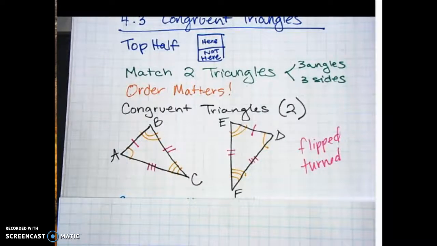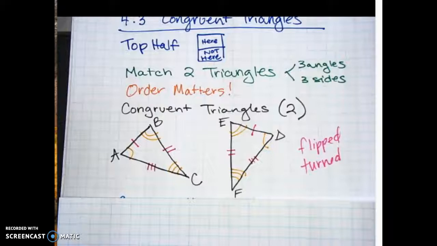Notice that from triangle ABC to triangle DEF, it is flipped and turned. So sometimes if you're needing to match up the sides or the angles correctly, people redraw it, or you can just go slowly and carefully. But after you've done a couple, you'll be able to figure out what matches up with what.